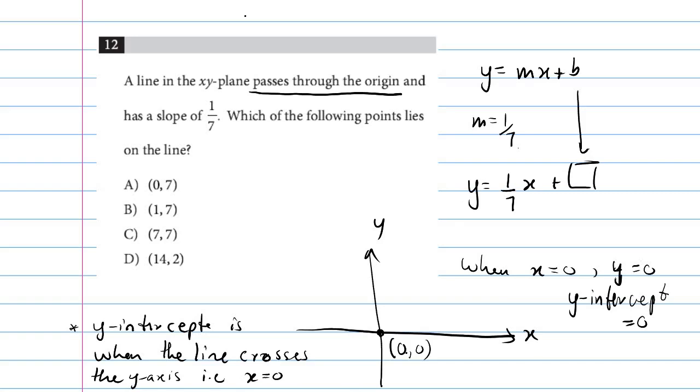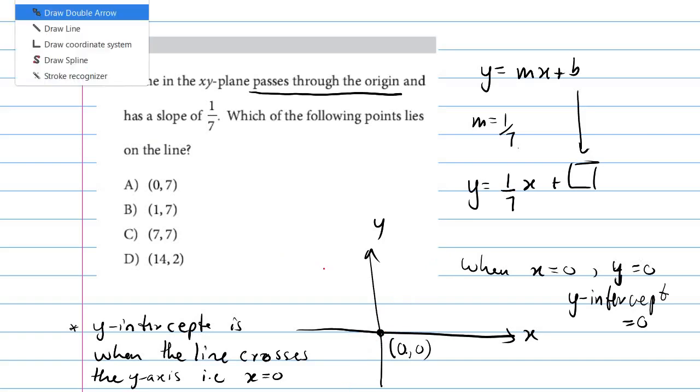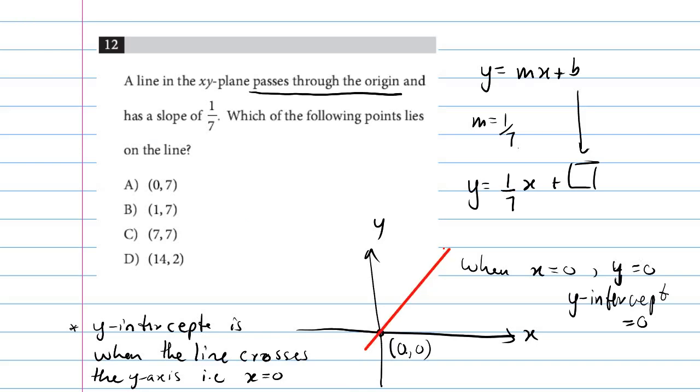So we know that this line somehow passes through this. It's a very bad line. Okay, that's not a straight line. This is your line here, and it says that when this line crosses the y-axis at 0, 0, the y-intercept is going to be 0, right?